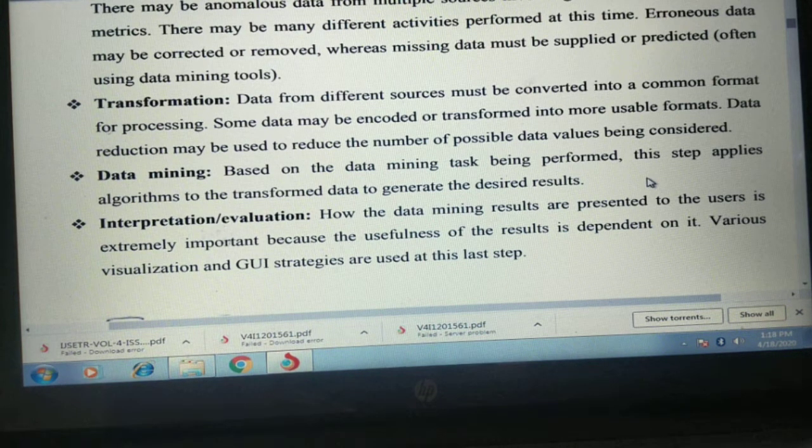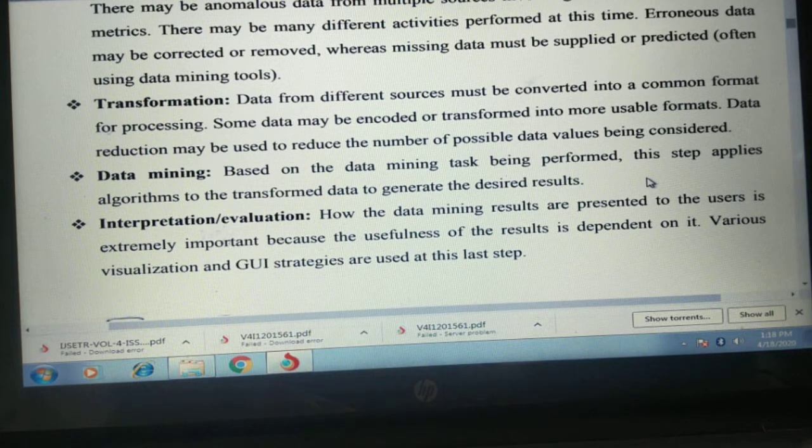Fourth step is data mining. Based on the data mining tasks being performed, this step applies algorithms to the transformed data to generate the desired result. With the help of algorithms, we are generating the desired result. The final step is interpretation or evaluation.